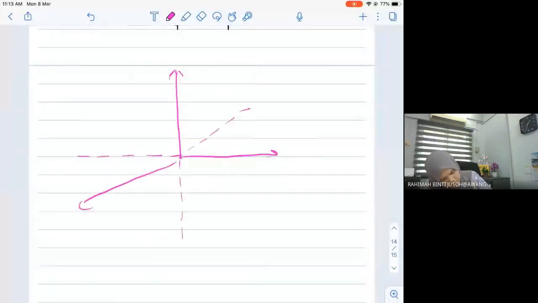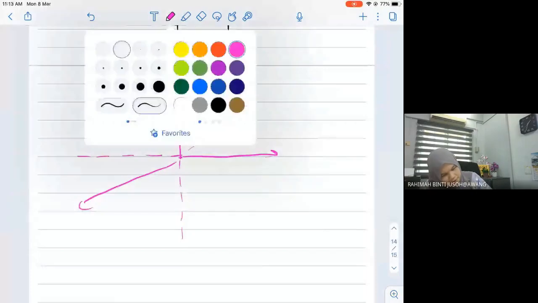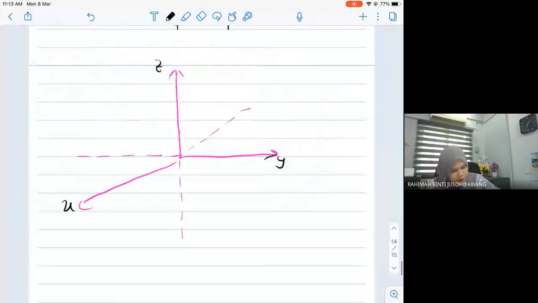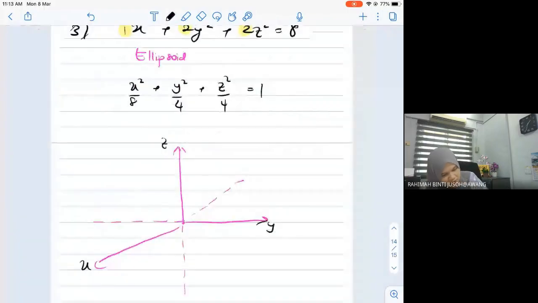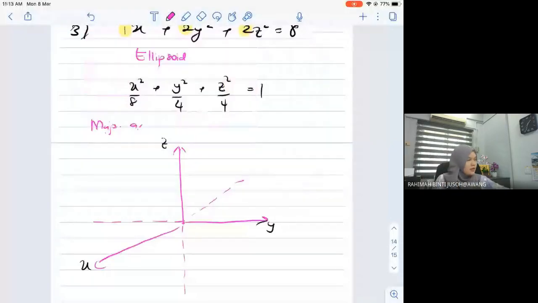We have X, Y, and Z. Okay, so X equals to square root 8. Okay, kita dah tahu dah major axis dia X. Major axis X. So you akan buat bentuk dia memanjang ke arah X lah.